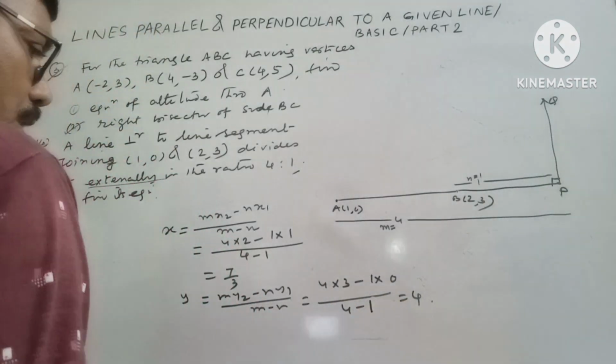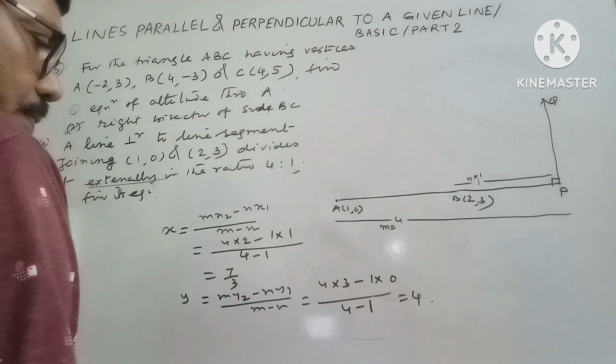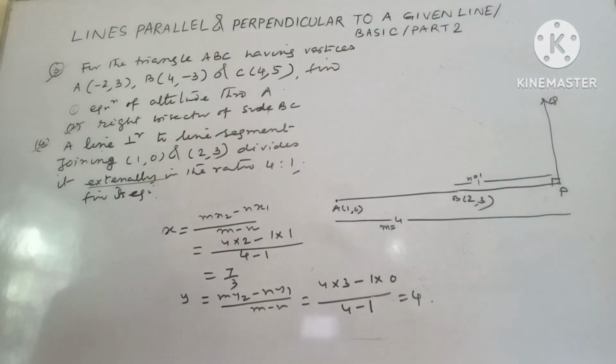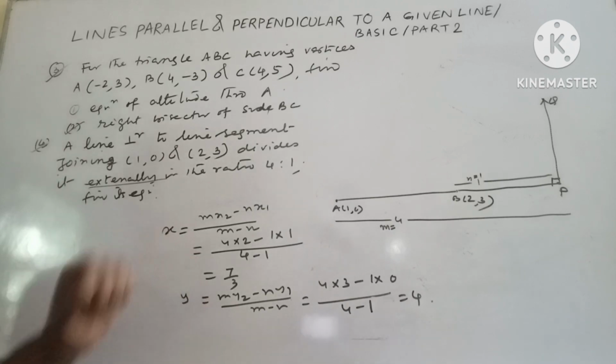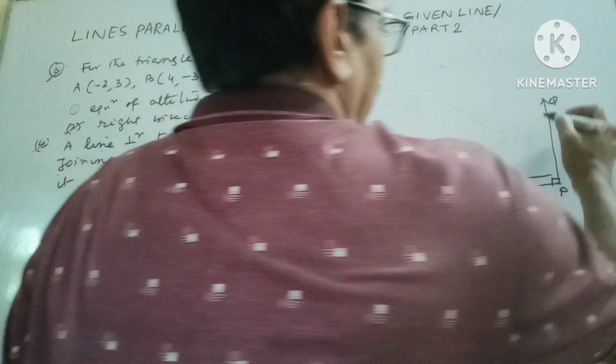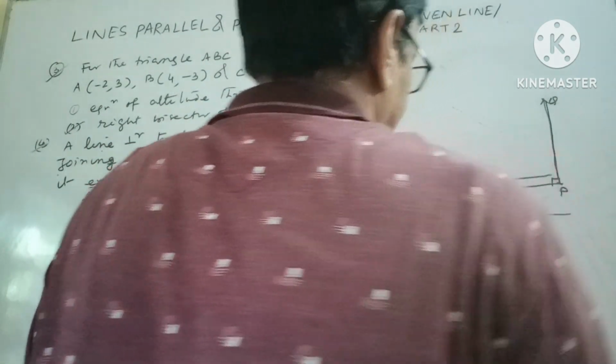So this is 12 by 3, and 3 cancels, you are getting 4. And x is 7 by 3. So you get the coordinate of P.